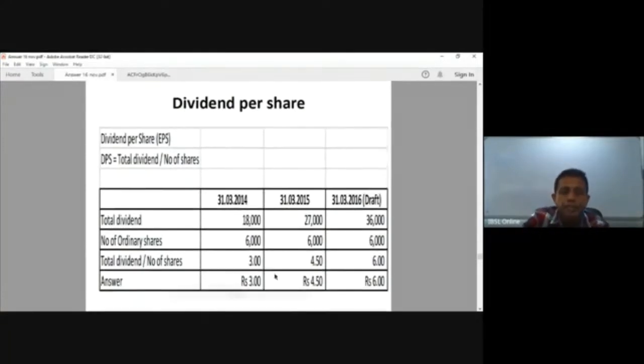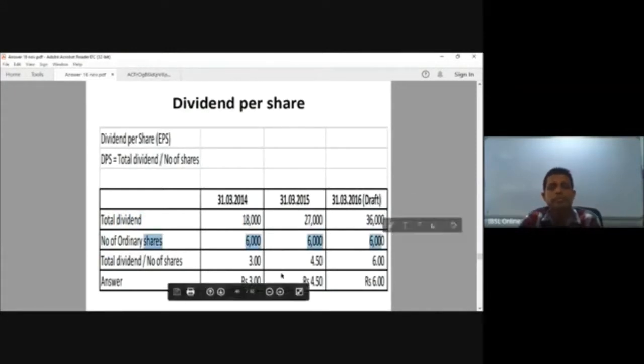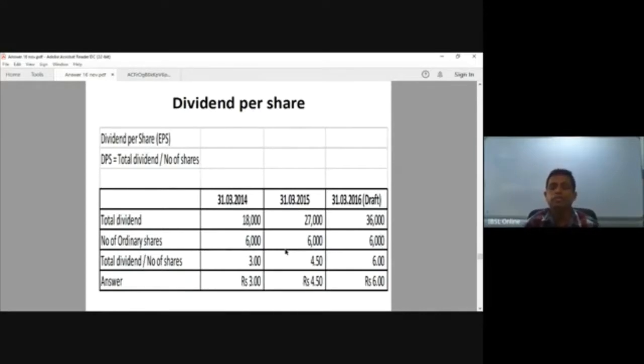I skip the last three zeros because this figure is in 1,000 terms. Therefore, this figure also needs to be in 1,000 terms. Then dividend per share is 3 rupees, 4.5 rupees, and finally 6 rupees per share.